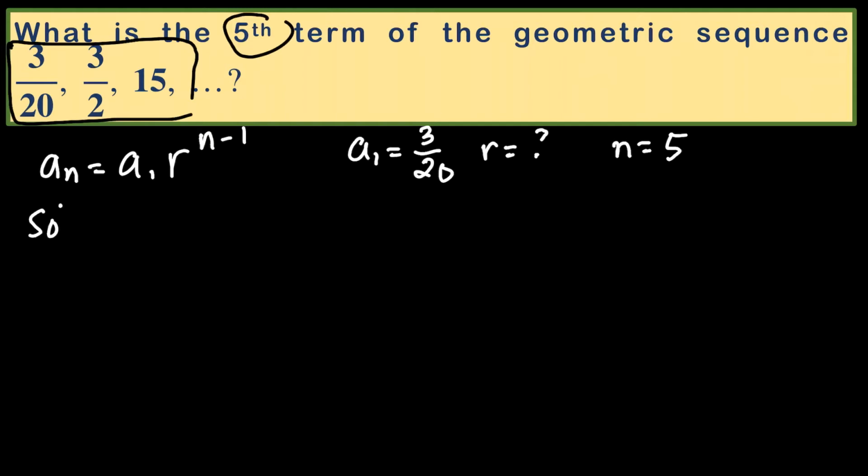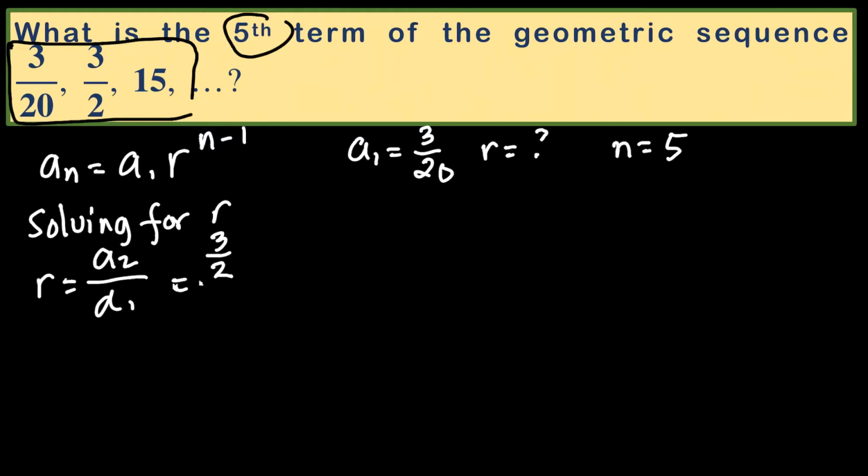To solve for r, we can use the formula a sub 2 over a sub 1. Since we're given a sub 2 and a sub 1, we simply substitute. So a sub 2 is 3 over 2 over 3 over 20, which gives us 3 over 2 times 20 over 3.